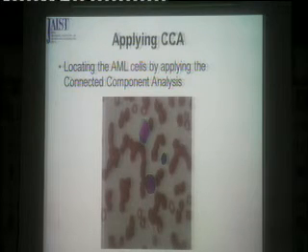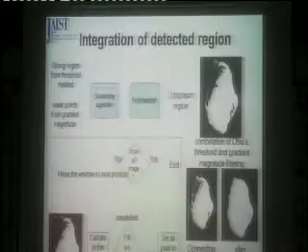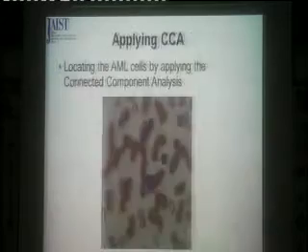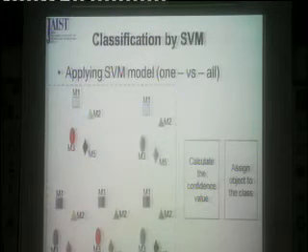green lines. And after that, to classify the AML cell into the categories of M1, 2, 3, and 5, we will take the features of the white blood cell by taking color features, histogram features, and texture features, and create a 33-dimensional feature vector to classify each white blood cell by applying a support vector machine.